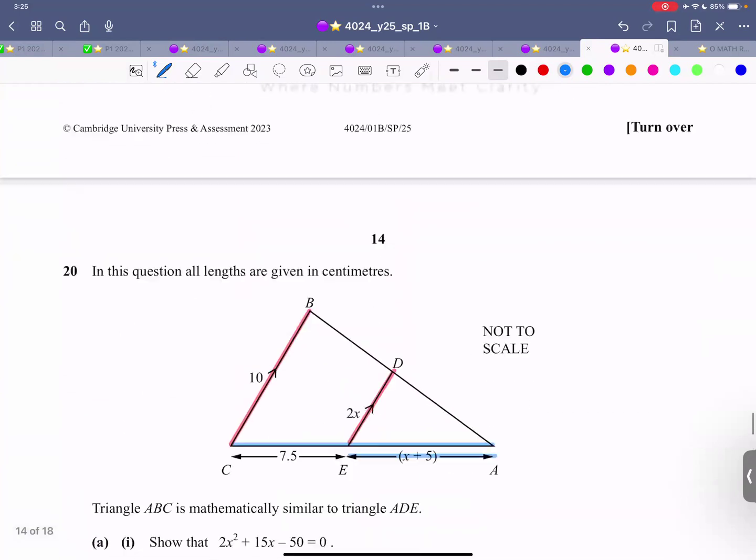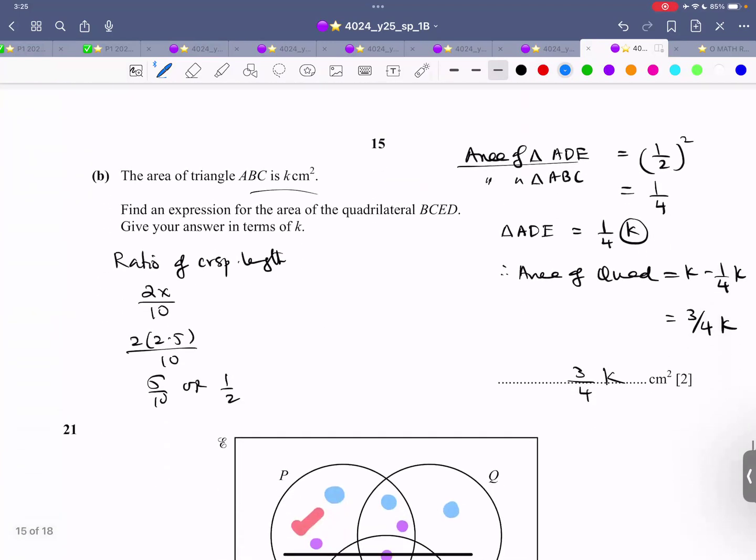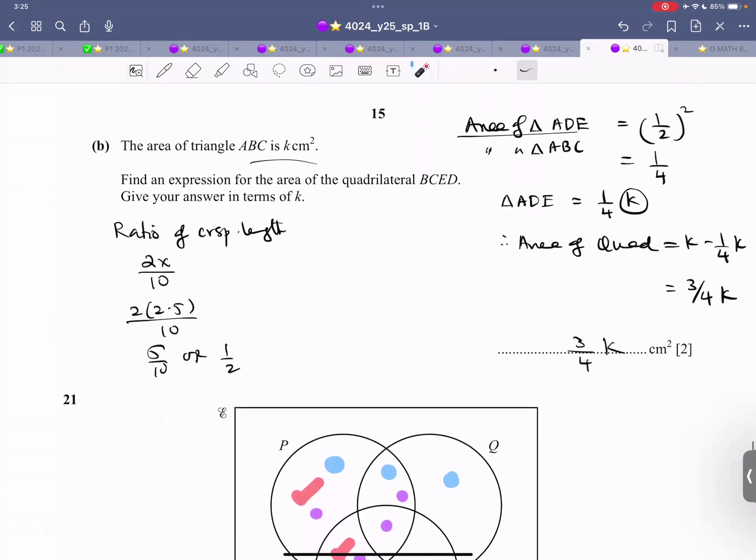A beautifully nice question. Now, it's not over yet. The area of triangle ABC is K. So this is also very conceptual. Find an expression for the area of the quadrilateral. Give your answer in terms of K. So the ratio of the corresponding lengths, 2x is to 10, that is half.